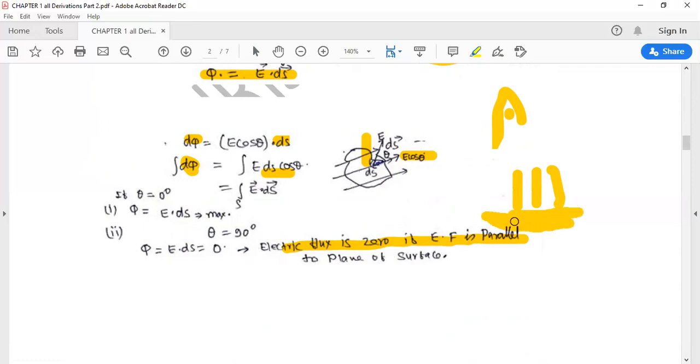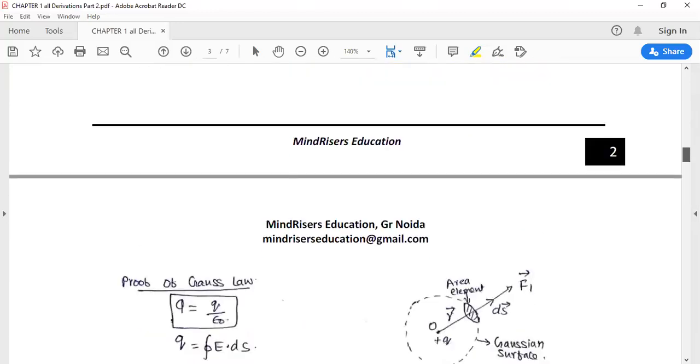Suppose this is your surface, this is ds, and consider E also acts in this direction. Now in this case E is parallel to the surface. Although ds is normal to the surface, the E and the surface are parallel to each other. In that case, flux is zero.